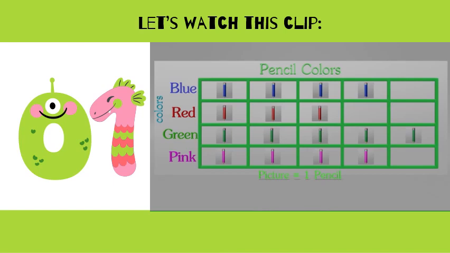Red has just 3 pencils, and we can see there are 3 by the pictures on the graph. Last question. How many pink and red pencils are there together? There are 7. When you add the 4 pink pencils to the 3 red pencils, we get 7. Great job, guys! Keep practicing your picture graphs, and you will get to see the big picture. See you later!